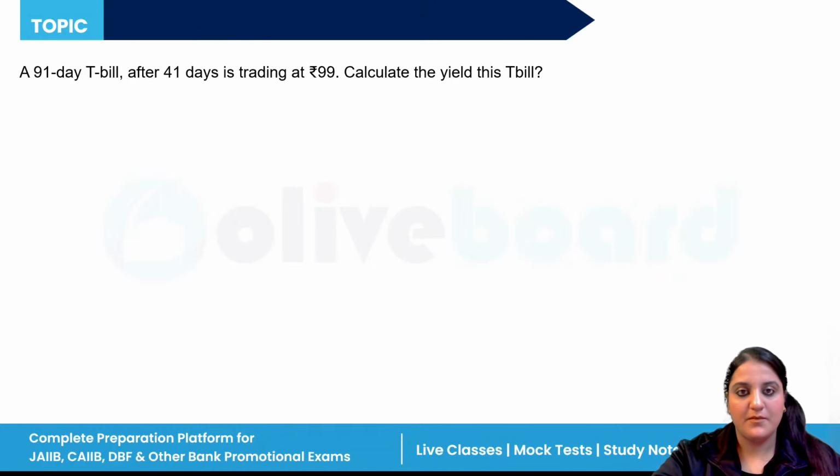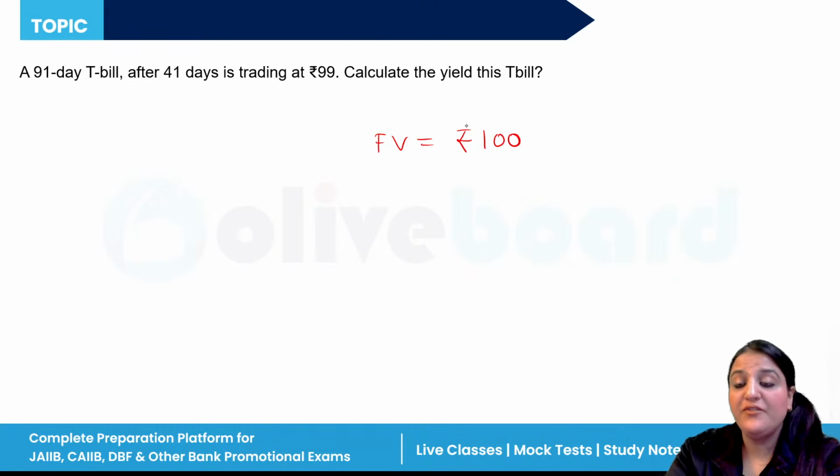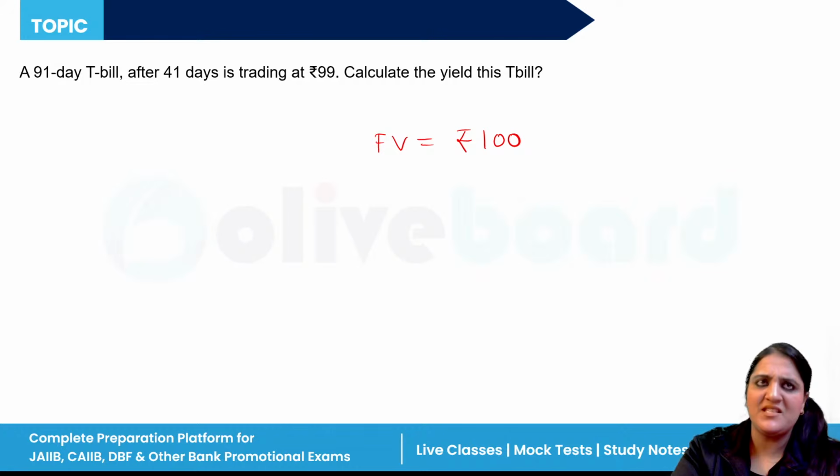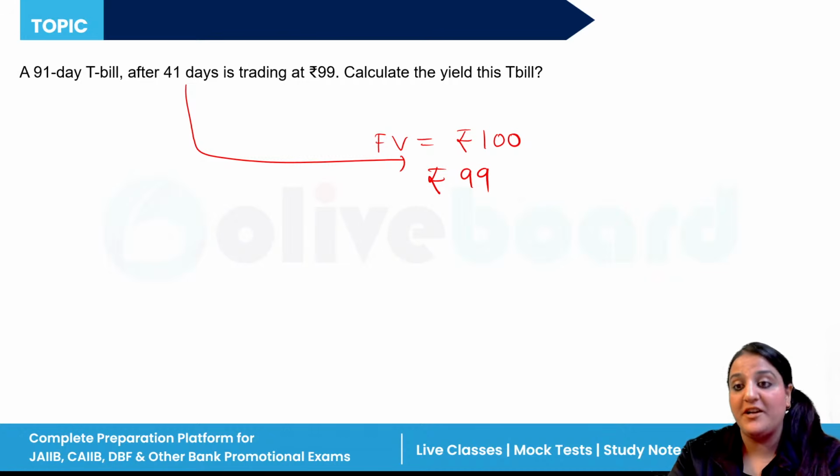Very good. So the next question, we have to calculate the yield of this T-bill. And how to calculate? See, we can say here the face value is ₹100. Why? Because this is a standard price, right? Unless specified. If it is not specified in the question, we can assume it is 100. And what is the price after 41 days? The price is ₹99 after 41 days.